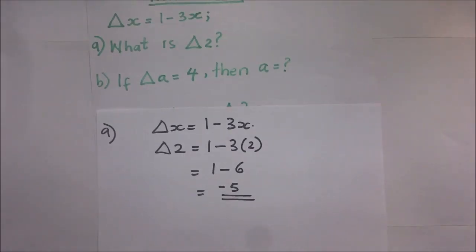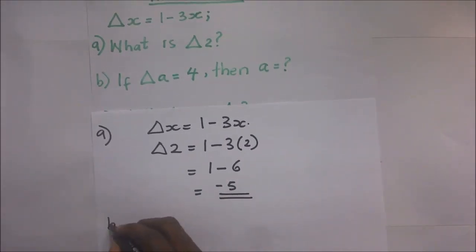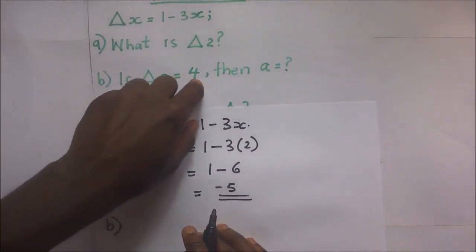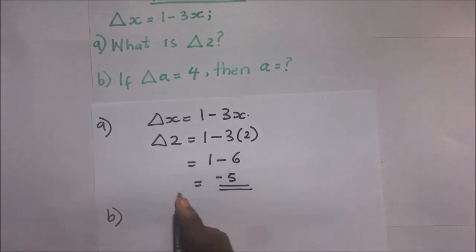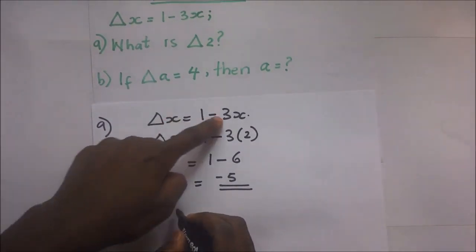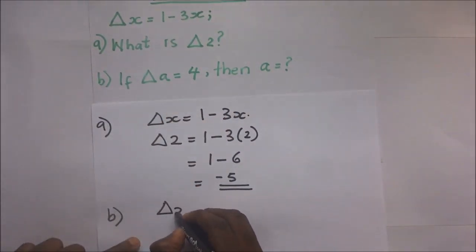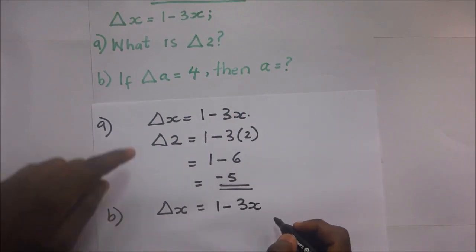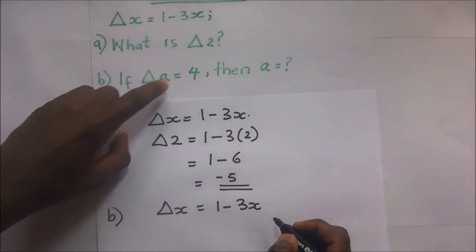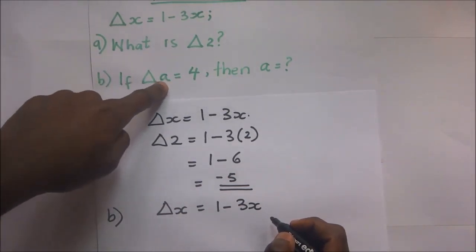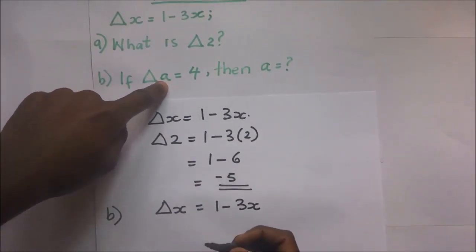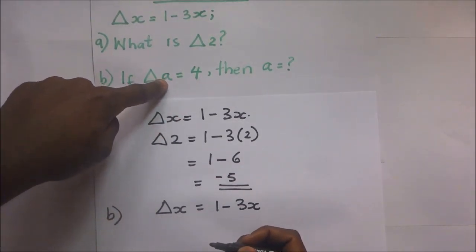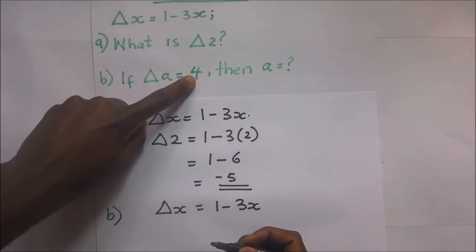Now we have part B. If delta A is equal to 4, then what is A? From this expression, delta x is given by 1 minus 3x, and we are being told that delta A is equal to 4. It means that the value of x is taken up by A, and we get an expression as 4.